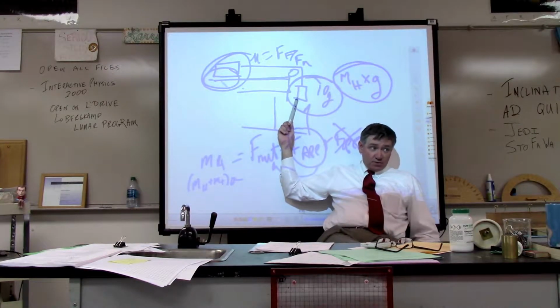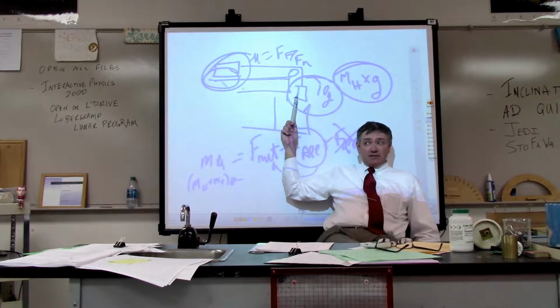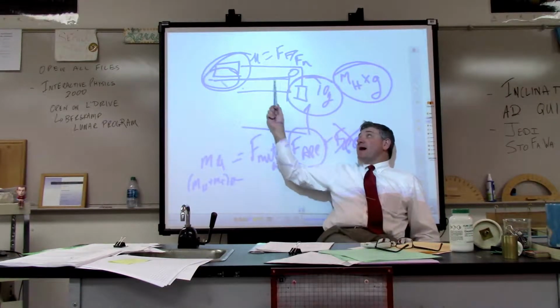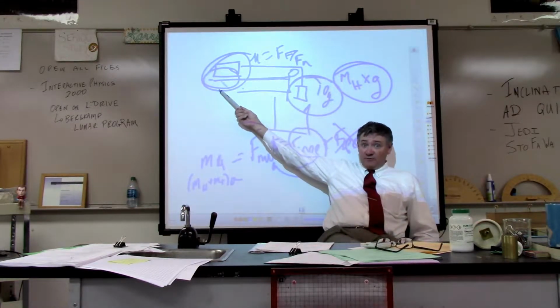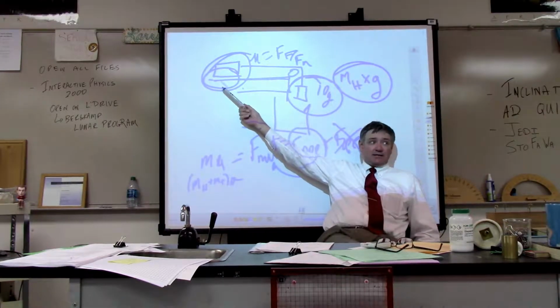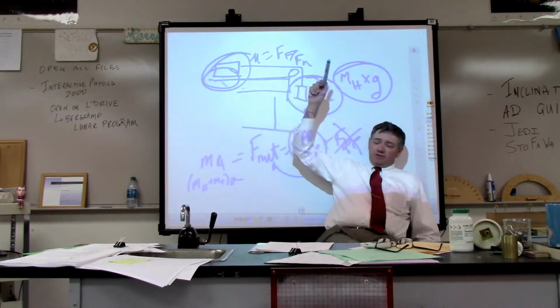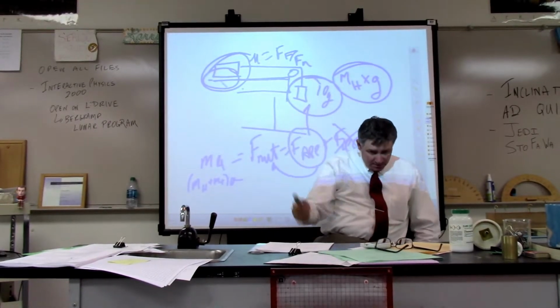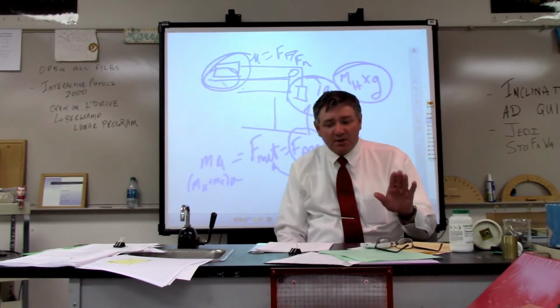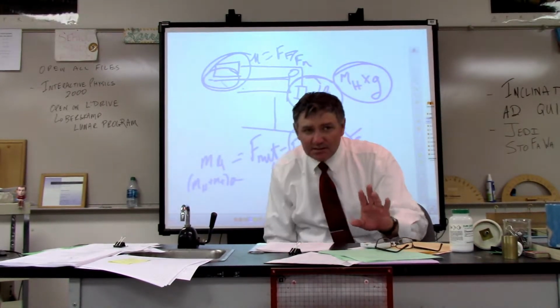This one has nothing to do with it. All this is doing is making the system go. Nothing to do with it. Your acceleration on that one when there's friction should be a little bit less than 4.